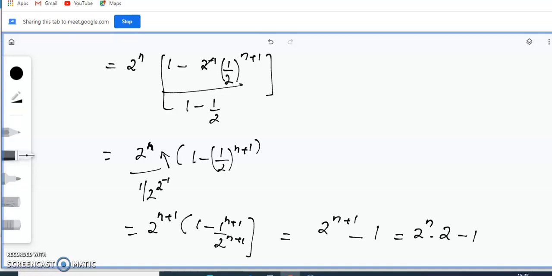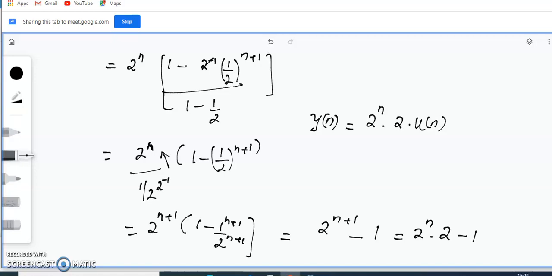Why I am writing like this is that I will be writing this as y of n. This is your output, isn't it? So you will always be representing the output in terms of the input only. So we can multiply this 2 raised to n into 2 by a u of n as well, because your signal value doesn't change.